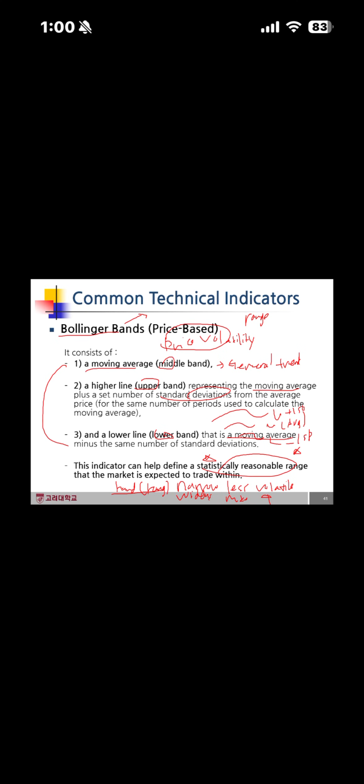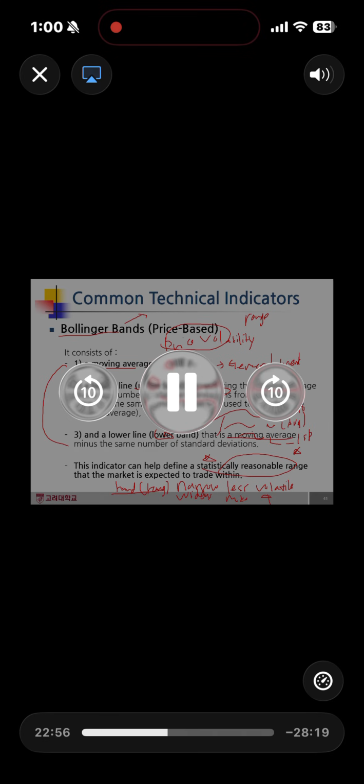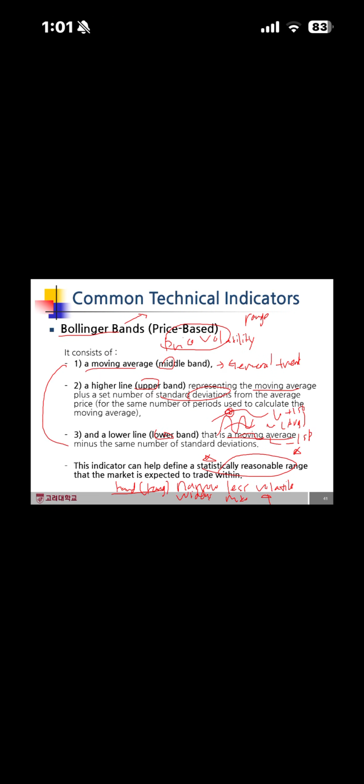You statistically expect the price to move within this range. So if it touches the upper band, you statistically expect the price to fall back because it reached the upper band. Likewise, if it touches the lower band, you statistically expect the price to move up because it reached the lower band.